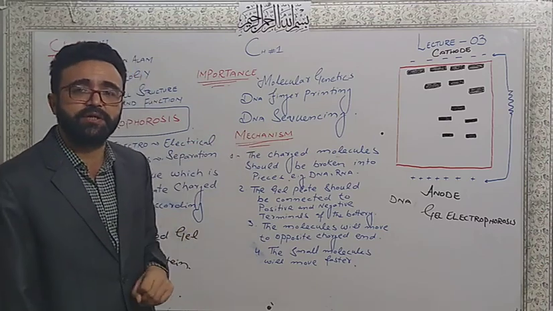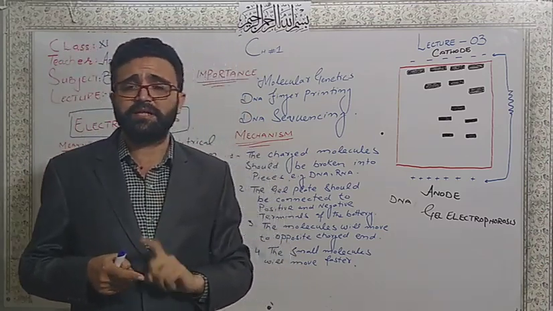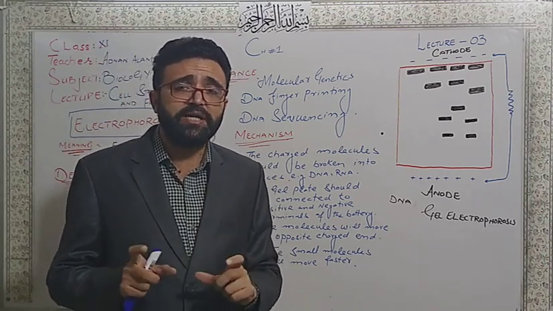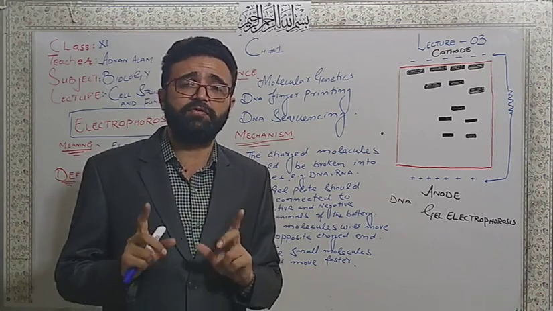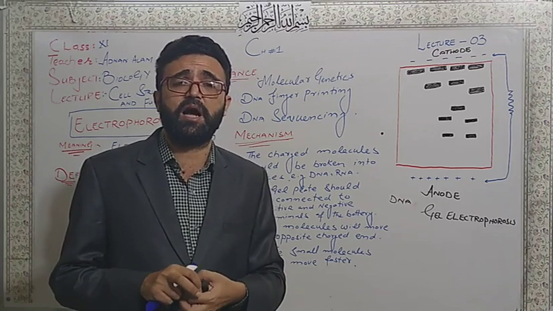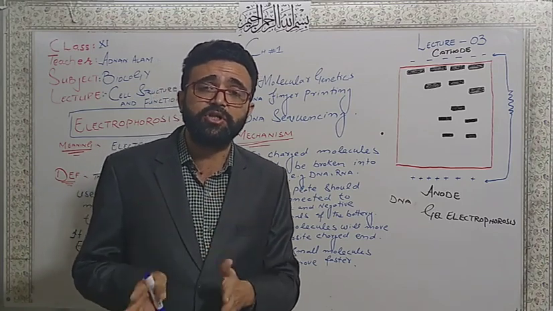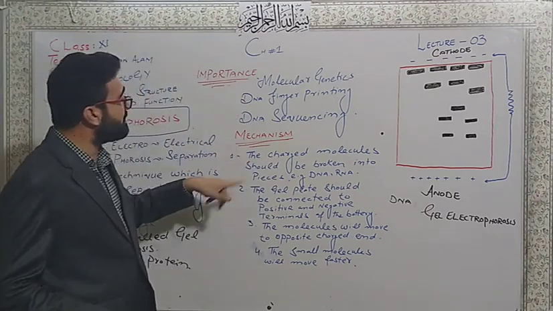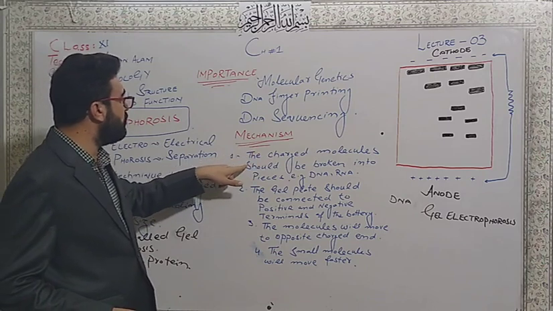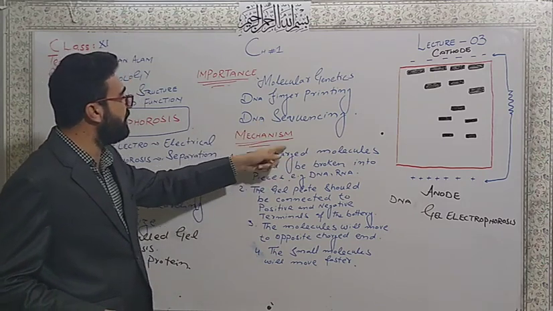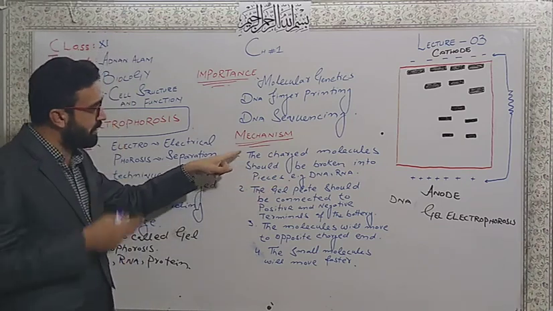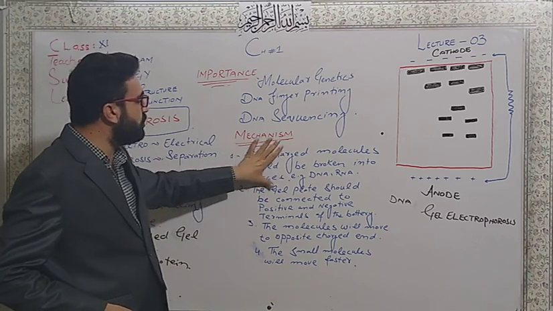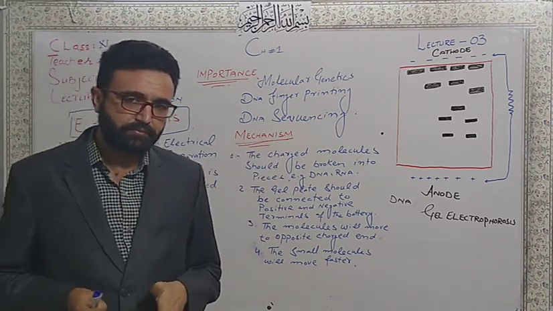And DNA sequencing. DNA sequencing is a technique, a mechanism which is used to study the sequences of the DNA and to study where the genes are located, because the genes are located on the DNA, we all know that. Now I am coming to the mechanism. The charged molecule should be broken into pieces first. If we want to separate the DNA and RNA molecules, first we need to break them into pieces.